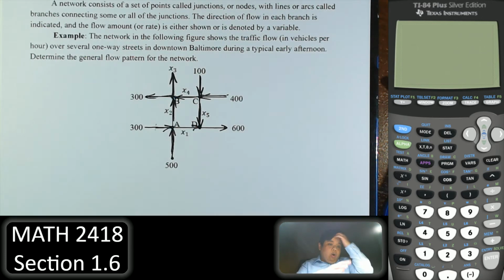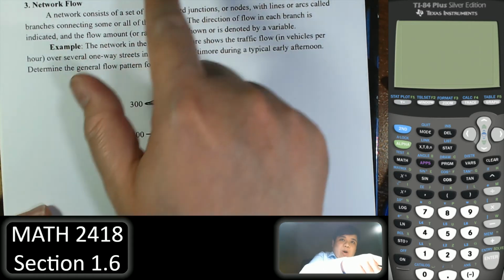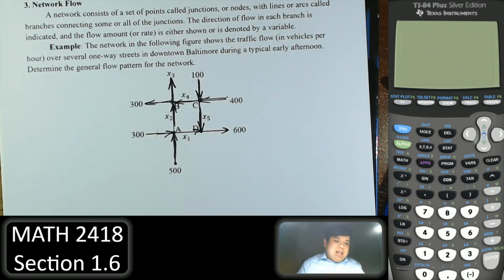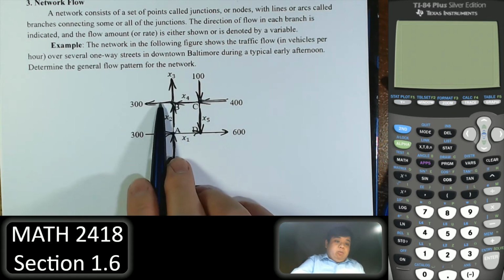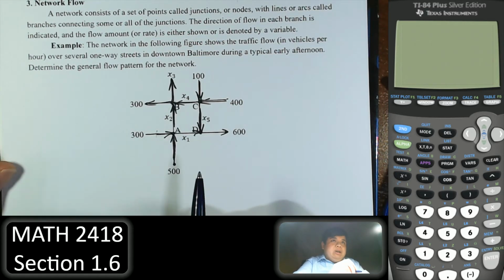Right, so all of this is just one-way street. Of course, in real life it doesn't have to be like this. You can have one way up to this point and one way on the other point, but that would be weird. Anyway, it makes perfect sense that all the traffic, all the vehicles entering a point have to be equal to all the vehicles exiting a point, right? So that should be simple enough.